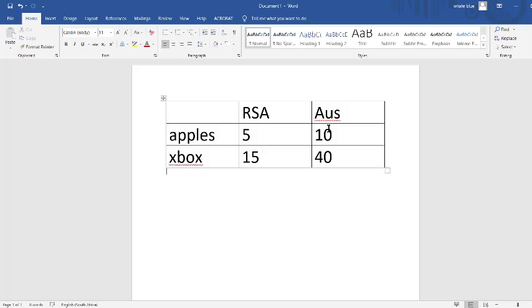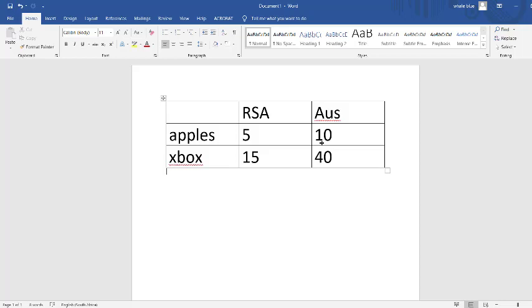They only need half the labor to produce exactly the same as South Africa, or for the same amount of labor they produce double. And if you look at Xboxes, one laborer would get you far more in Australia. So it's much cheaper to produce apples and Xboxes in Australia. So they have absolute advantage in both senses.